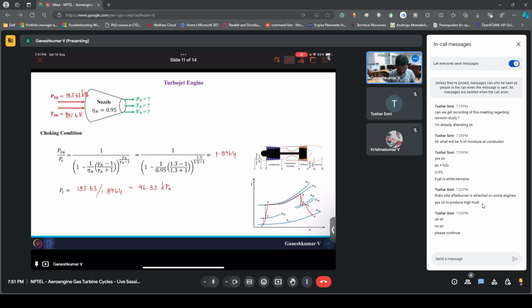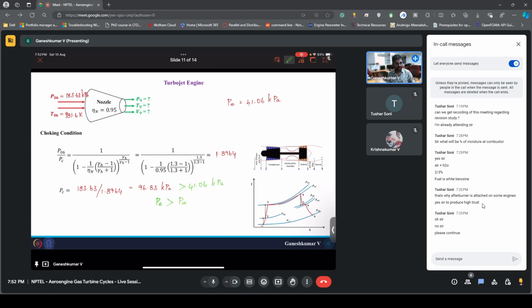Now the question is whether this is choked or not. For that we need to know the exit or the ambient pressure, right? The question gave us the ambient pressure to be 41.06 kilopascal. So it is clearly 41.06 kilopascal is less than 96.83 kilopascal, which means PC is greater than P infinity.